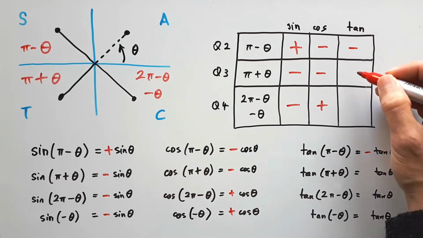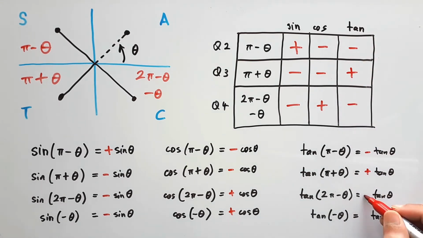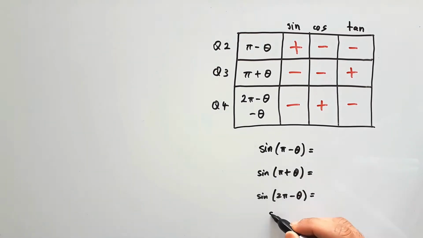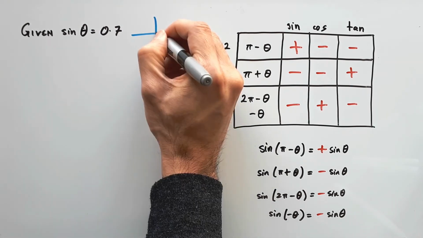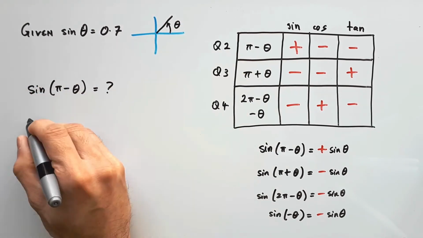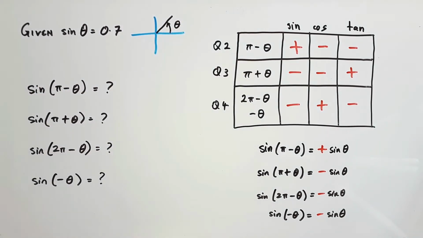Let's use this table or the symmetry equations to solve our question from the start of this video. Given sine theta is 0.7, and all we know is that theta is an acute angle, we can evaluate these four expressions without knowing theta by using symmetry equations or the table. In both cases, we can see that sine pi minus theta should be positive, so it's just 0.7.